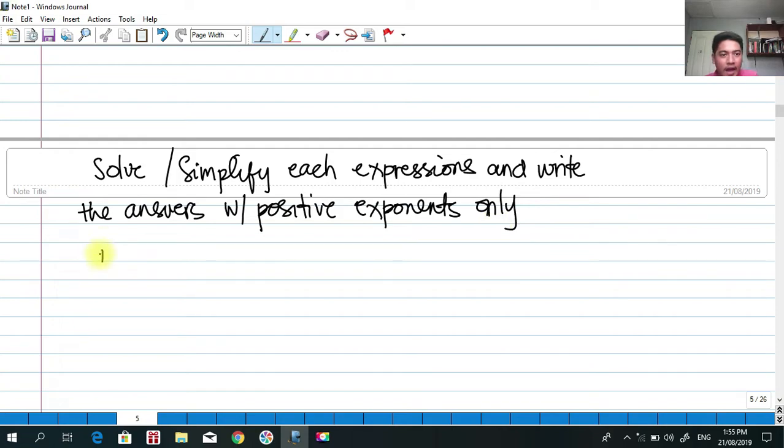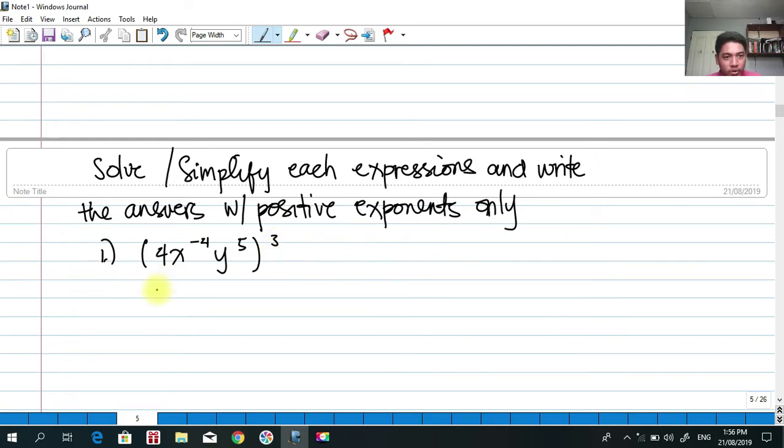So number one, we have the problem: 4x raised to negative 4, y raised to 5, all cubed. The very first thing that you're going to do here is to simplify first what's on the outside exponent.